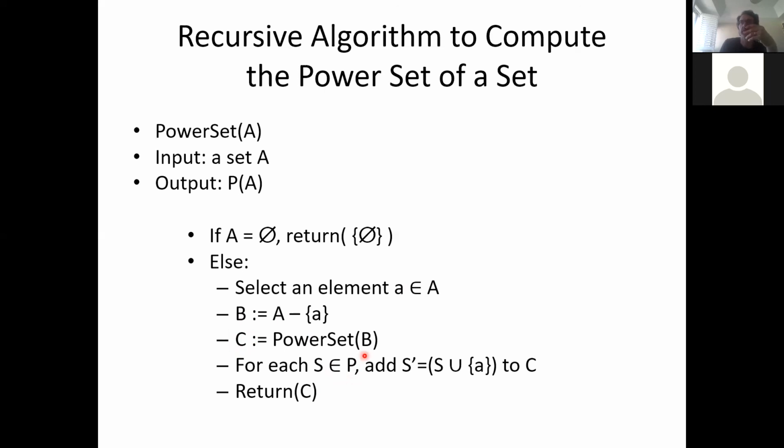The inductive argument's variable of induction is the cardinality of the input. Because indeed the base case corresponds to cardinality 0. And in the recursive call, if you're calling it on a set of cardinality n, then the recursive call here will be for some set of cardinality n-1, because this set has one less element than the initial set.